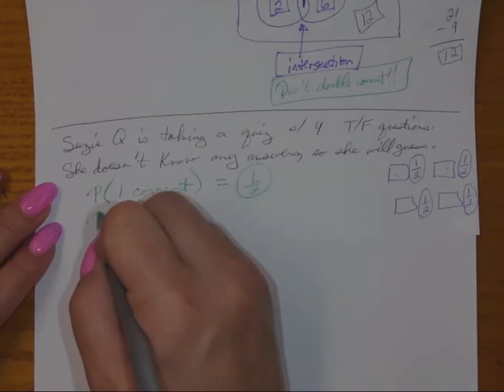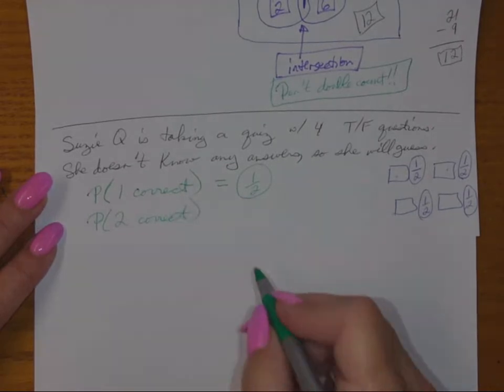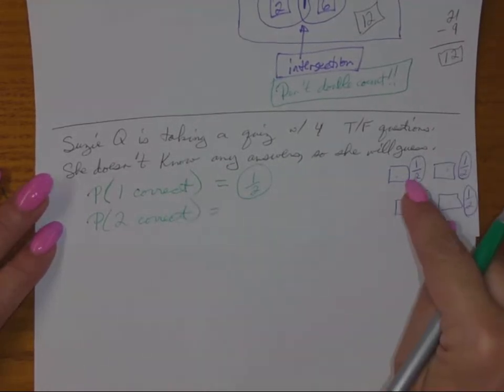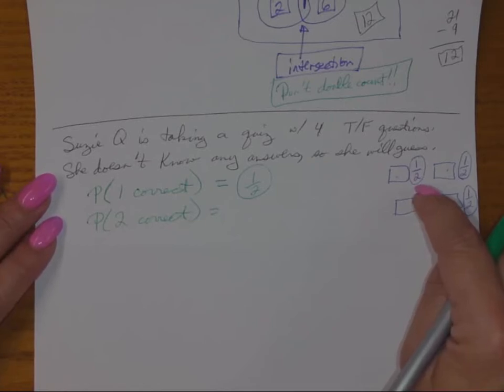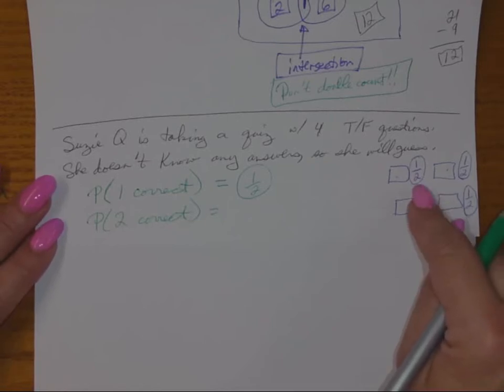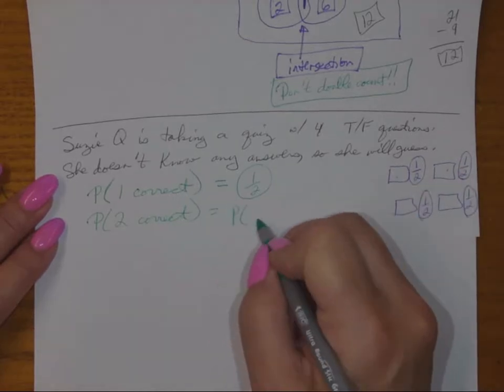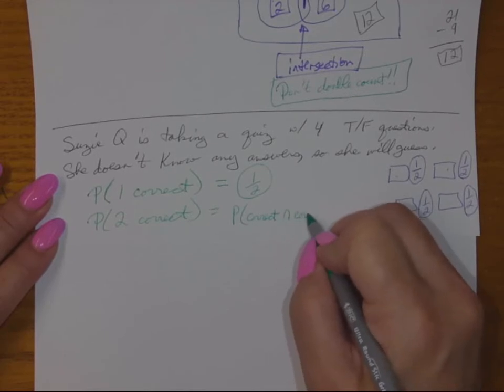What's the probability of her getting 2 correct? Now we're going to have to be careful about this one. It means she gets a correct answer and she gets another correct answer. She wants both of those things to happen, so it's an and situation. It's the probability of correct intersect correct.